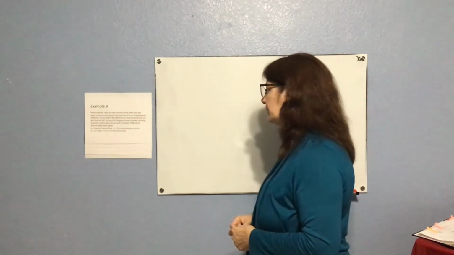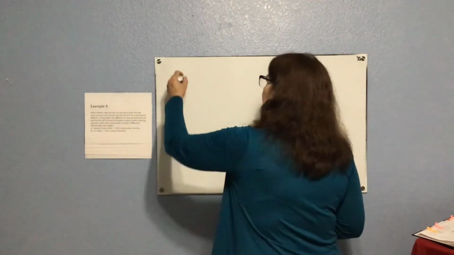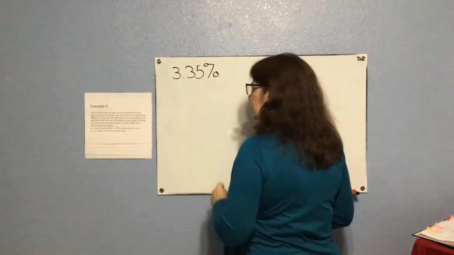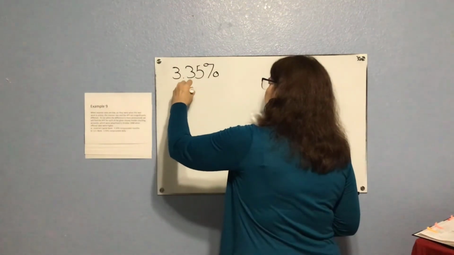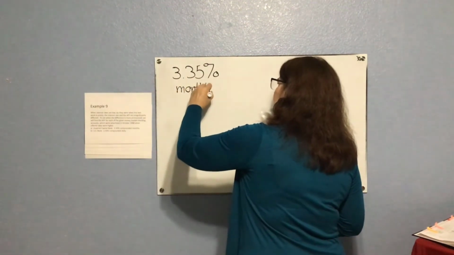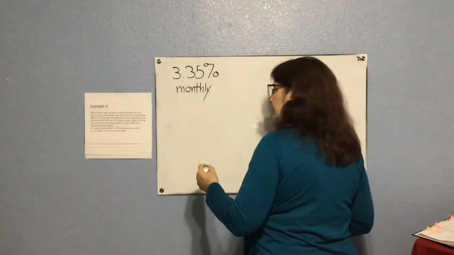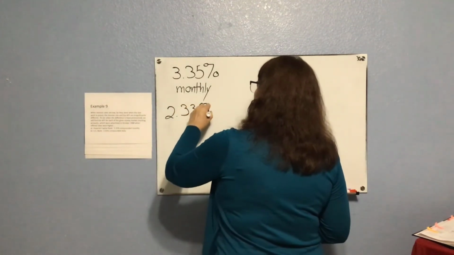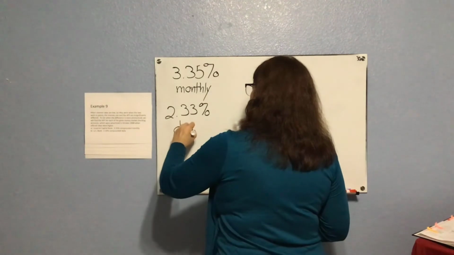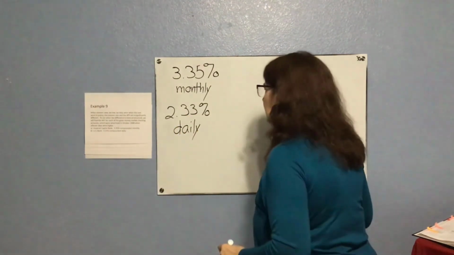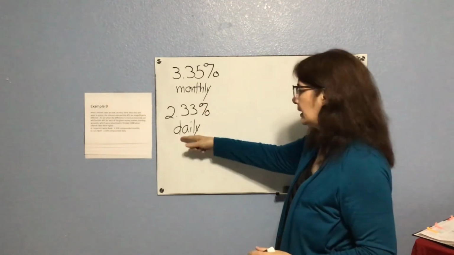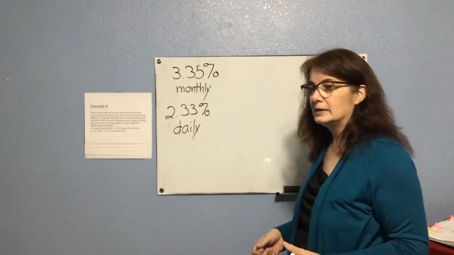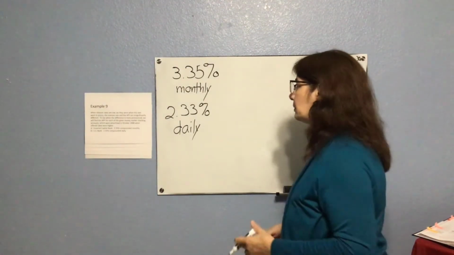So we've got one from Imperial Capital Bank, and it's 3.35%, and that's compounded monthly. And then we have a second account that's 2.33% compounded daily. Okay, so this one is a lower interest rate, but it's compounded much more often. So it makes it difficult to compare these without referring to the APY. So that's what we're going to do.